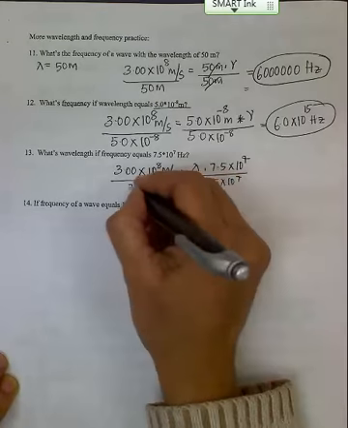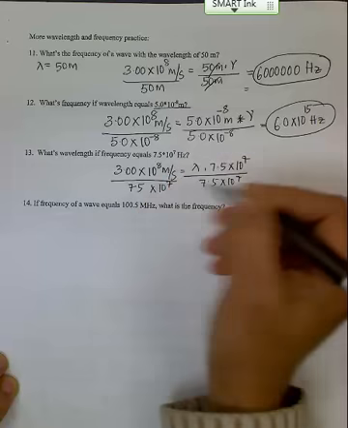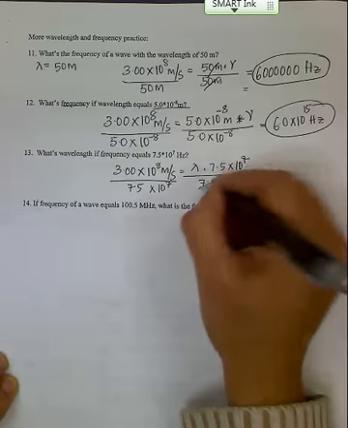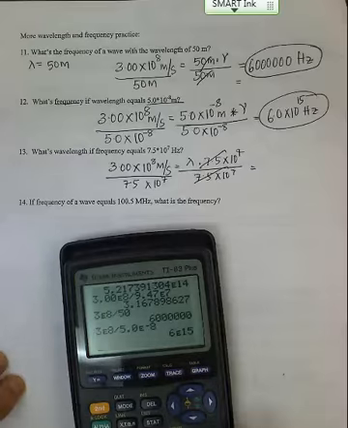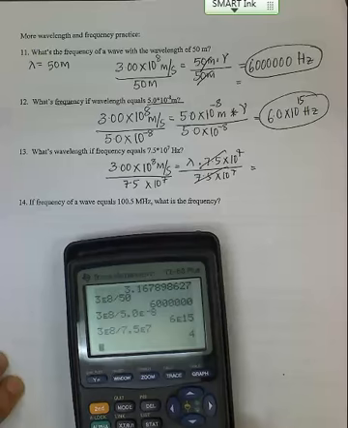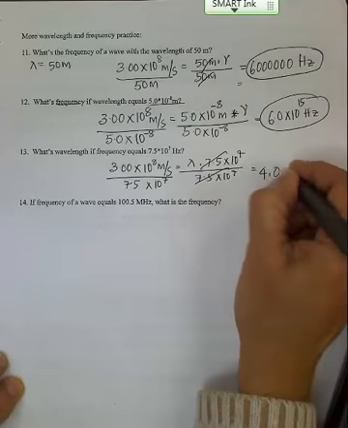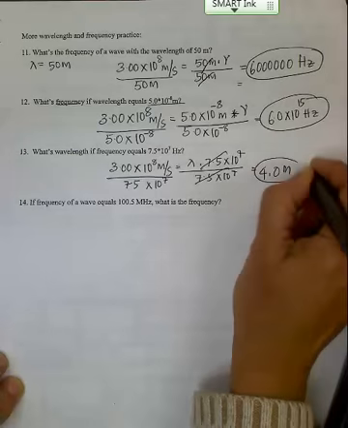They have not specified if they want the wavelength in a certain unit, so I can report it in meters, because that would be my straight-off answer by solving the problem. Dividing by E7, I get my answer as 4.0 meters, reporting it to 2 sig figs.